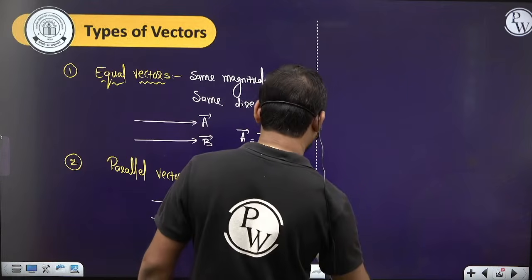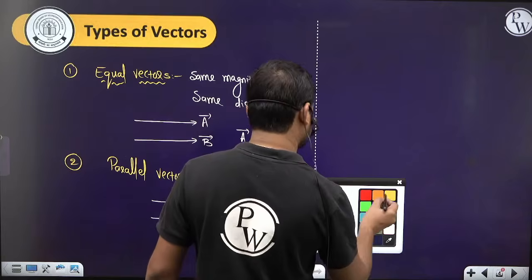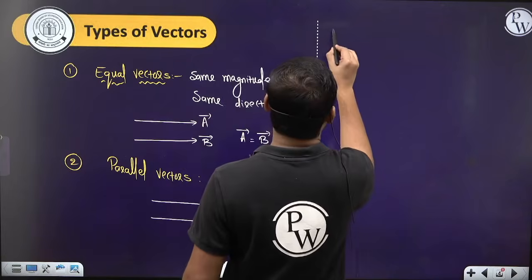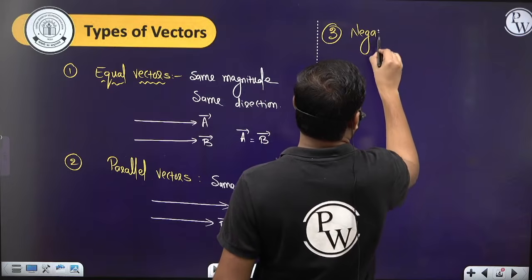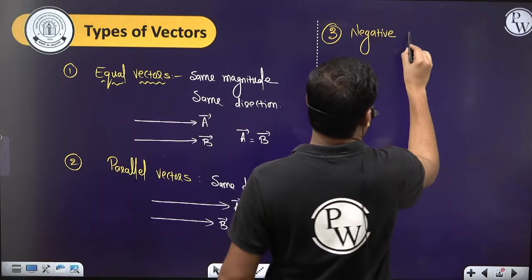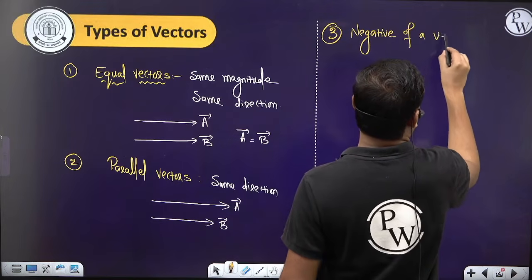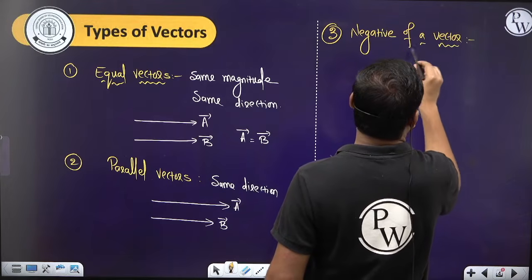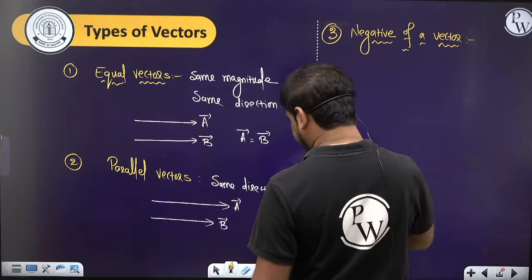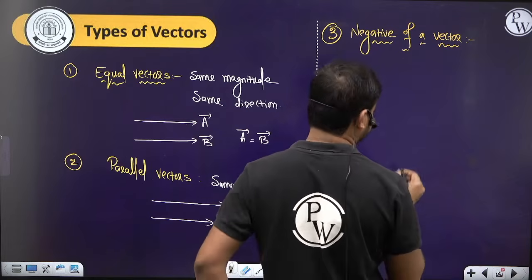So then next I'll go for the negative vector. This is important. The negative of a vector means same magnitude, opposite direction.